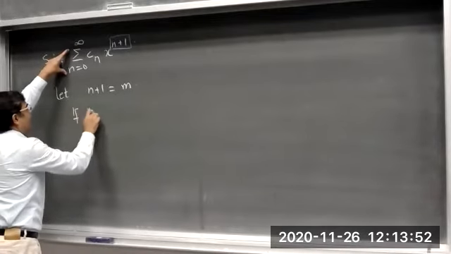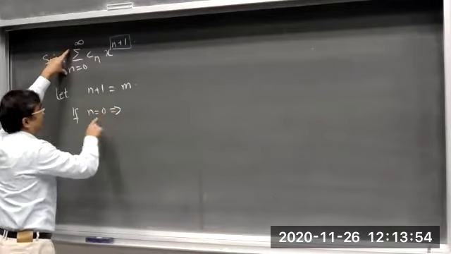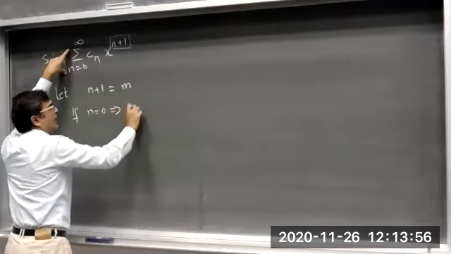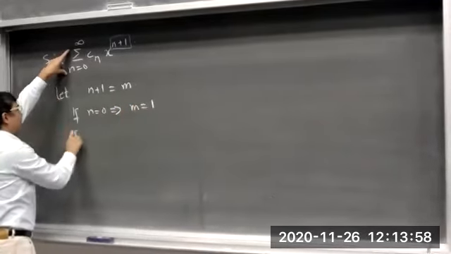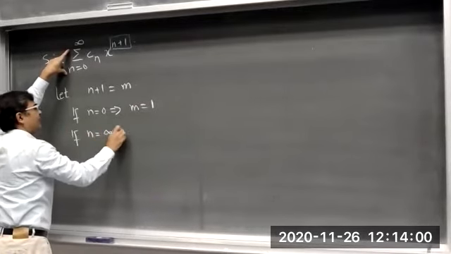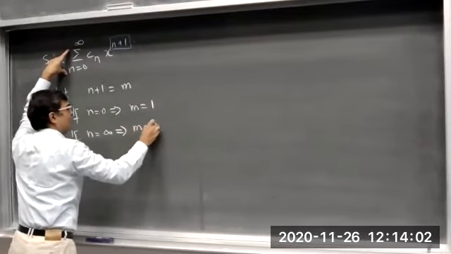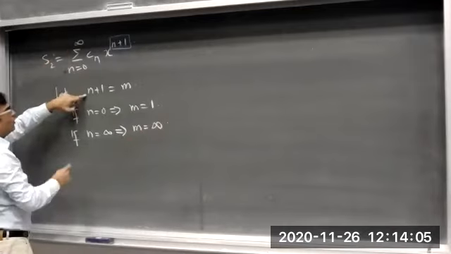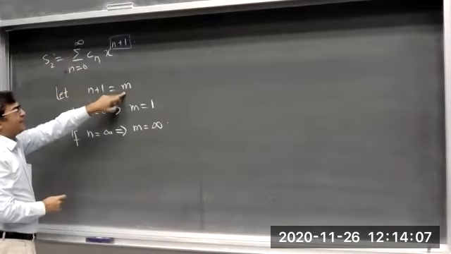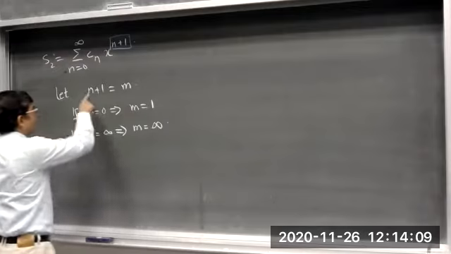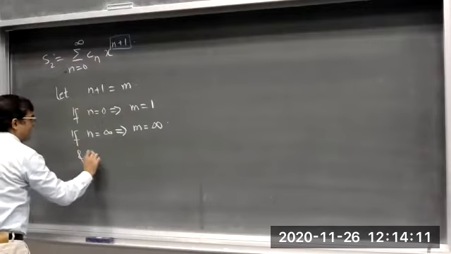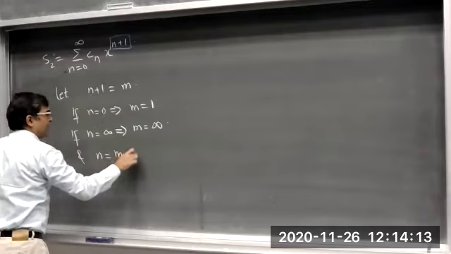If n is 0, then m is what? M is 1. And if n is infinity, then m is what? It is obviously infinity. And also, n plus 1 is m, and n is m minus 1.